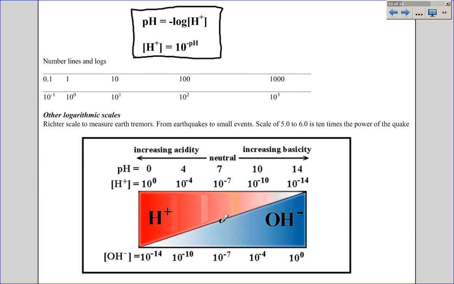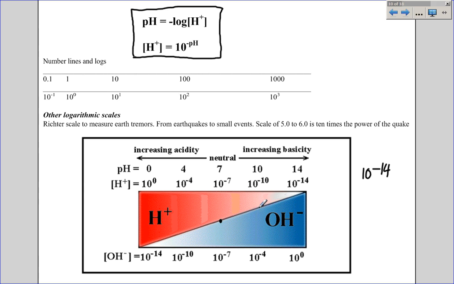When we had a neutral solution, that meant that the concentrations of H plus and hydroxide were equal, and they were both equal to 1 times 10 to the negative 7. When we multiply these, 1 times 10 to the negative 7 times 1 times 10 to the negative 7, we are left with 10 to the negative 14.